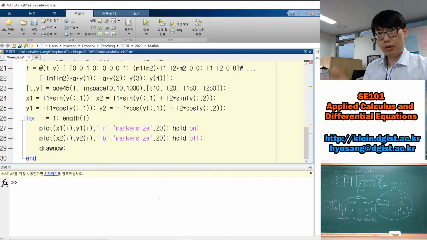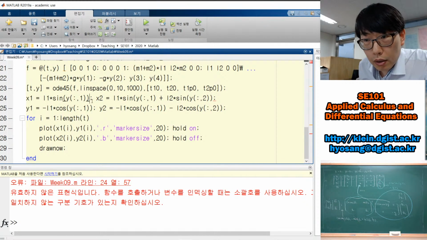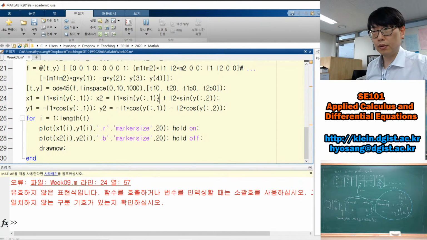Okay, so I'm drawing the movement of a point by changing the time entries here. Let's see, sine, I forgot the parentheses, so here sine, okay.